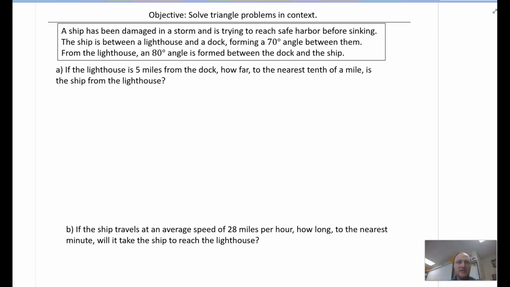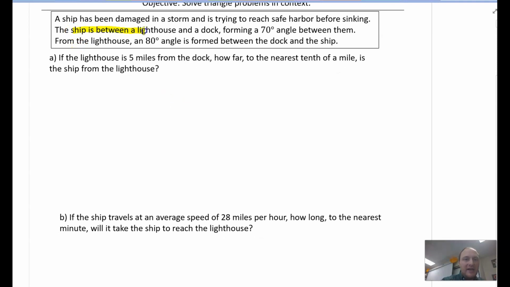A ship has been damaged in a storm and it is trying to reach safe harbor before sinking. If you can imagine that, the ship is between a lighthouse and a dock, forming a 70 degree angle between them. The next sentence says, from the lighthouse, an 80 degree angle is formed between the dock and the ship.